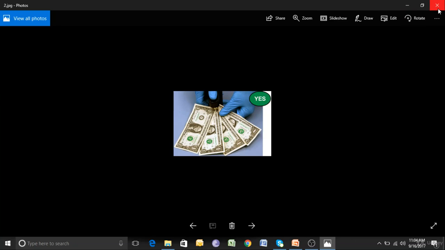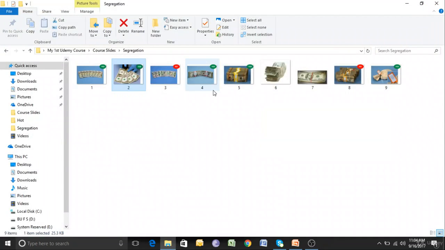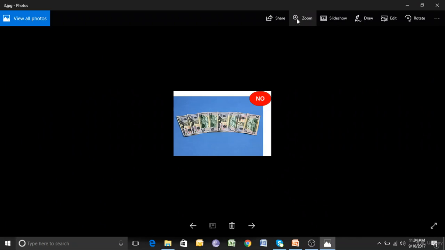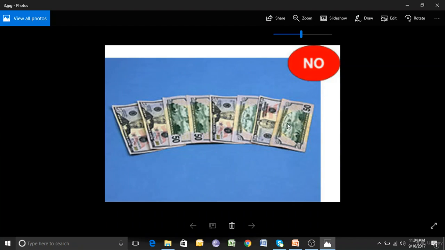In this way you need to arrange each and every denomination, and you avoid arranging them this way. This is not the proper way of arranging it. One note is upside down, and this is upside, and then this is head this side, body is on the left, and here head towards the left and body on the right. This is not a proper way of arranging the notes.